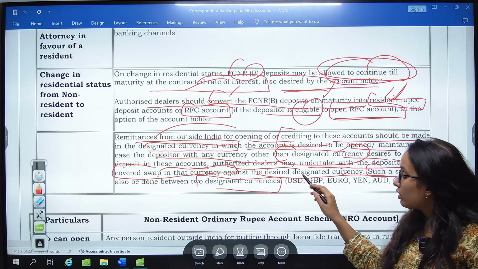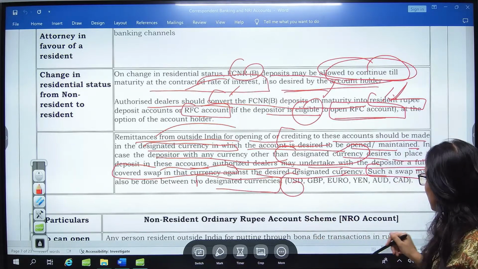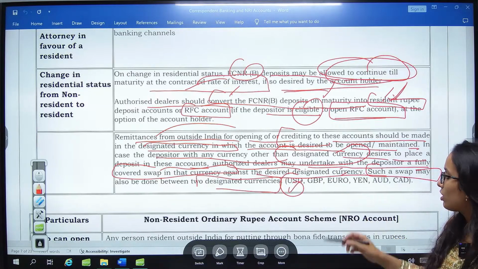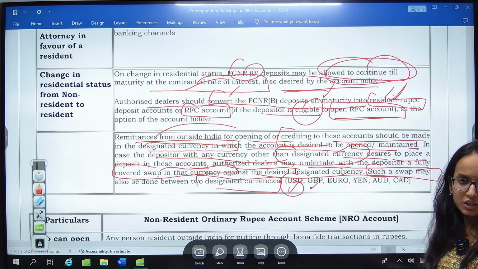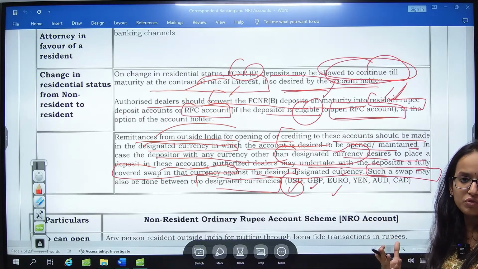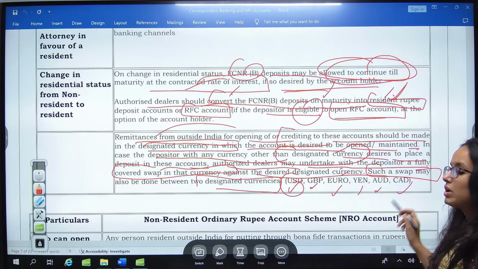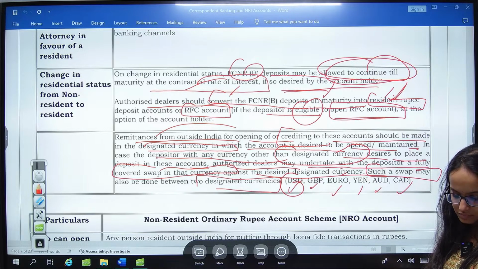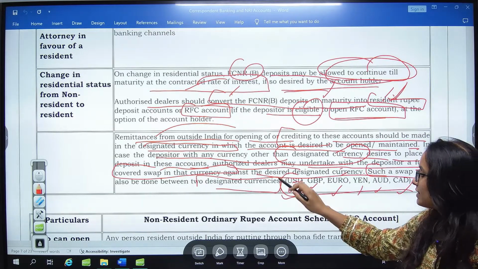Now, what are these designated currencies? These designated currencies are USD, US dollar, GBP, Great British Pound, Pound Sterling, Euro, as you know, the currency of the European Union, then Japanese Yen, then AUD, which is your Australian dollar, and then CAD, which is your Canadian dollar, right? So these are the designated currencies.